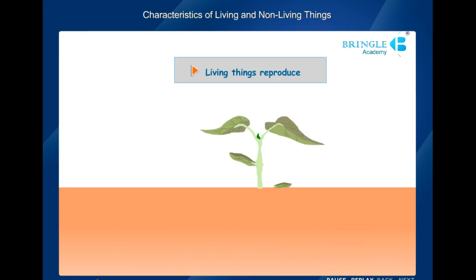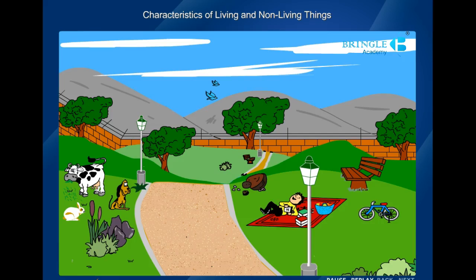Plants have seeds. When seeds are sown, young plants called seedlings grow from them. All living things breathe, feel, need food, move, grow, and reproduce. Non-living things do not do any of these things.